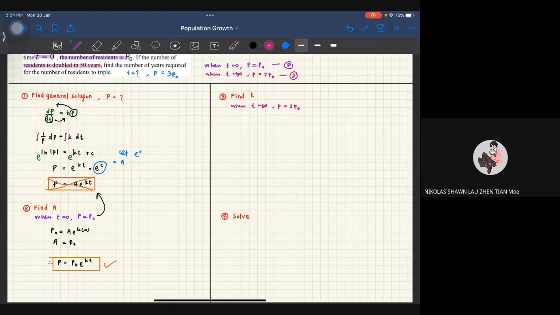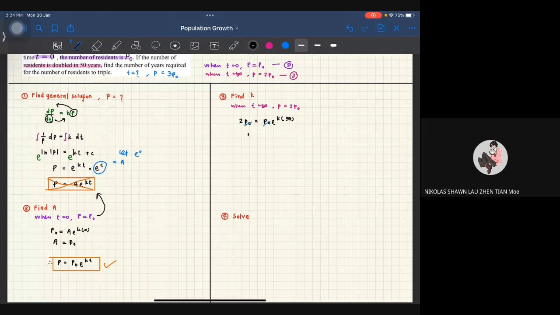Okay, so sekarang kita ada T equals to 50, P is equals to 2P naught. So you will have 2P naught equals to P naught E to the power of K times with T. So T kita adalah 50. This one. Okay, so P naught and P naught, it can be cancelled out.